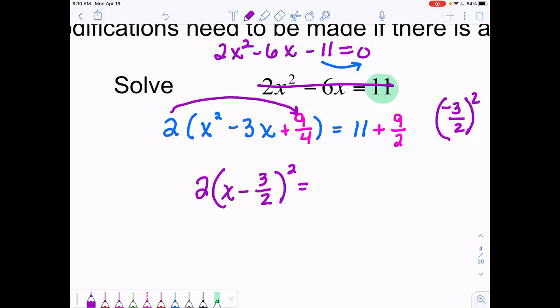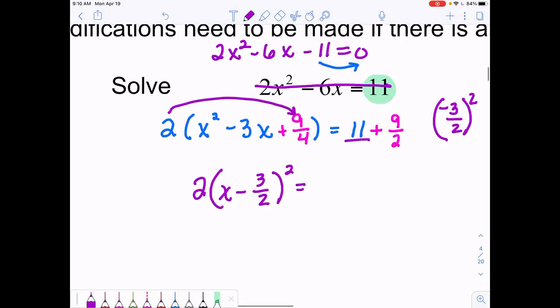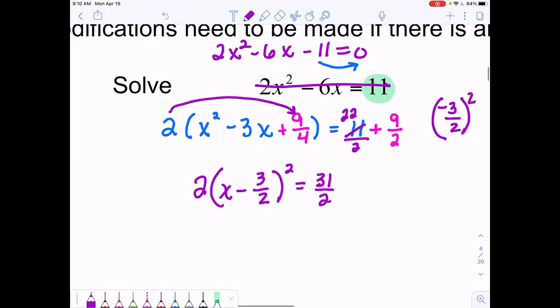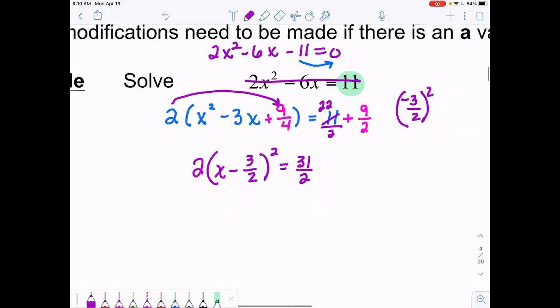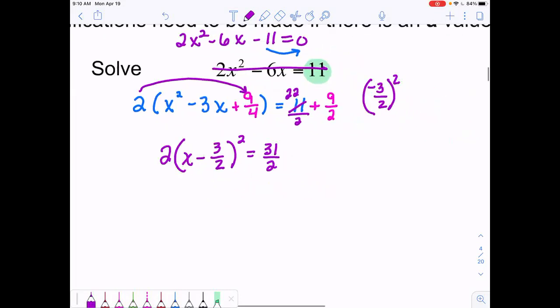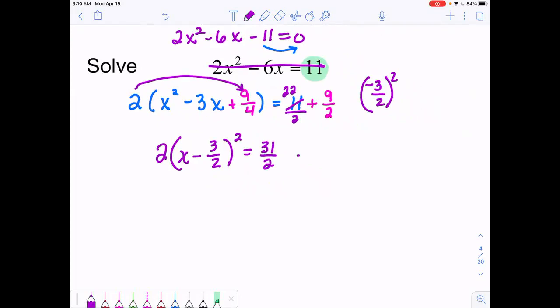On the other side, we have those fractions that we have to add together. Our denominator is a 2, and if I multiply 11 by 2, that makes 22 halves. So now I have 31 halves. So if I were to graph this, which we will be doing the rest of this week, the reason I don't want you to divide at the beginning is because our equation that we will be looking at will be something similar to this.